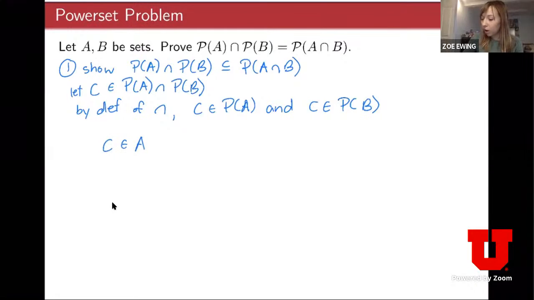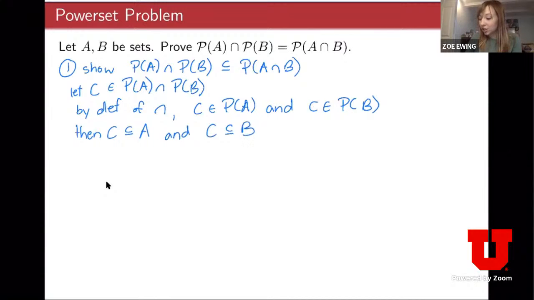Exactly. So what is a better way to describe this relationship? C is a subset of A. Yeah. So C is a subset of A. I'm just going to move this up a little bit. And that also means that C is a subset of B.